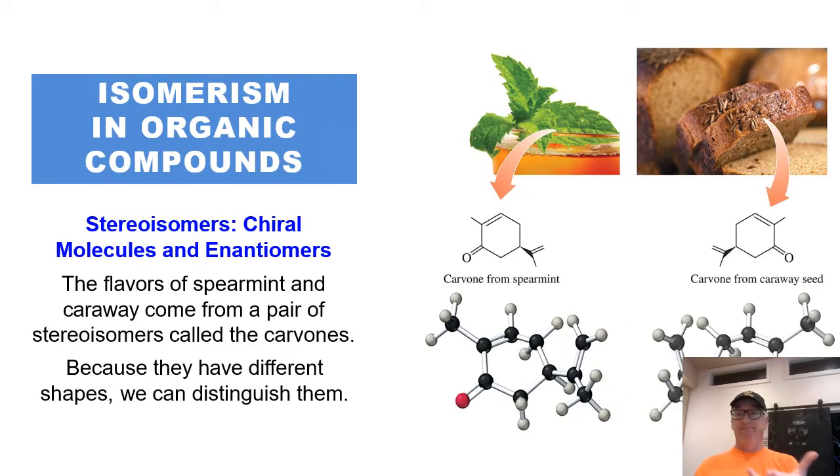And this is really important when we get to organic and bioorganic, biochemistry. Isomers are super important because they can have vastly different properties. So here is a molecule called carvone, and you find it in spearmint, gives it that special smell, and you also find it in caraway seeds, where it has a different odor.